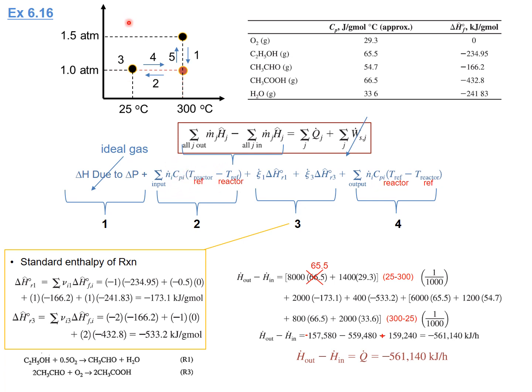Then at point 3, what happens? Reaction happens at 25 Celsius degree and 1 atm. So at this point, we'll try to calculate the enthalpy of reaction at the standard state.